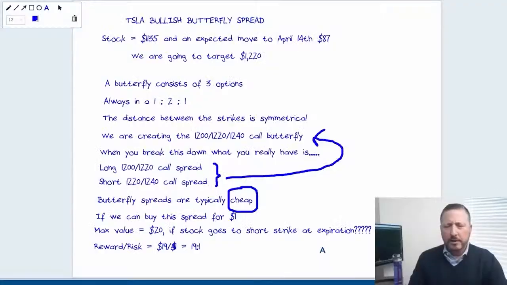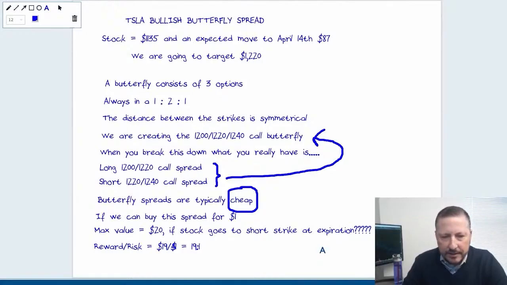So when we typically look at reward to risks on different types of spreads that we're trading, we've discussed this before, we're sometimes looking for 2.5, 3 to 1, maybe a little bit more than that. But you can see here on a butterfly, you're getting a massive amount of bang for your buck. So what does that tell us? If we put on a position that has this massive potential, what is that telling us?